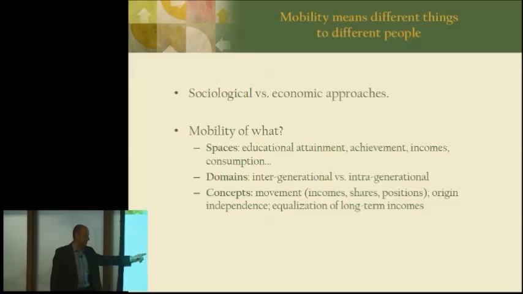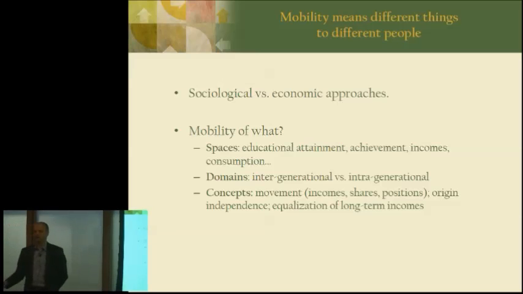Even within a particular domain and for a particular space, there are many different ways of measuring it, and they differ more substantially than, say, for inequality, the Gini or the tile. Those are just different ways of aggregating things. But for mobility, it really matters a lot.